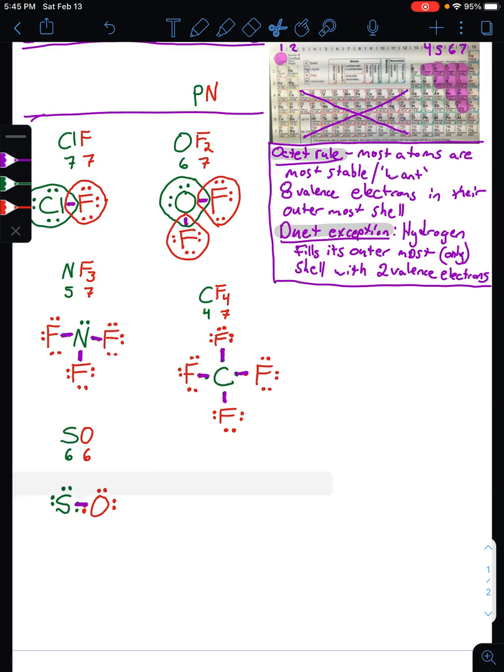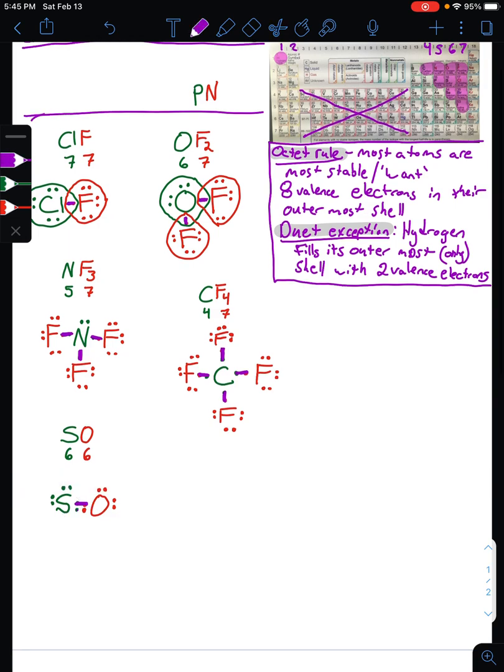And move that over there. And then, just like we have done before, replace those two with a solid line. And now, via a double covalent bond, we can get 8.